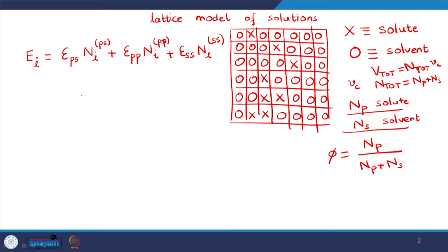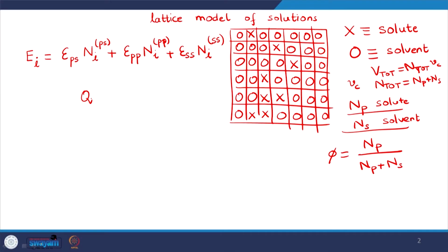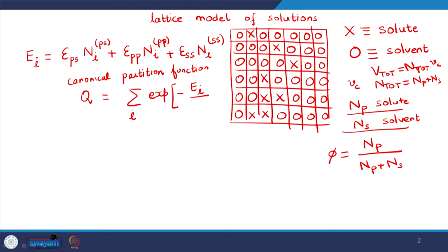So now if I have to define the partition function for this ensemble, we can assume that the volume is constant, which is indeed the case here. So we are working with the canonical partition function, which is given as the sum over all the configurations of exponential of minus EI by kBT.